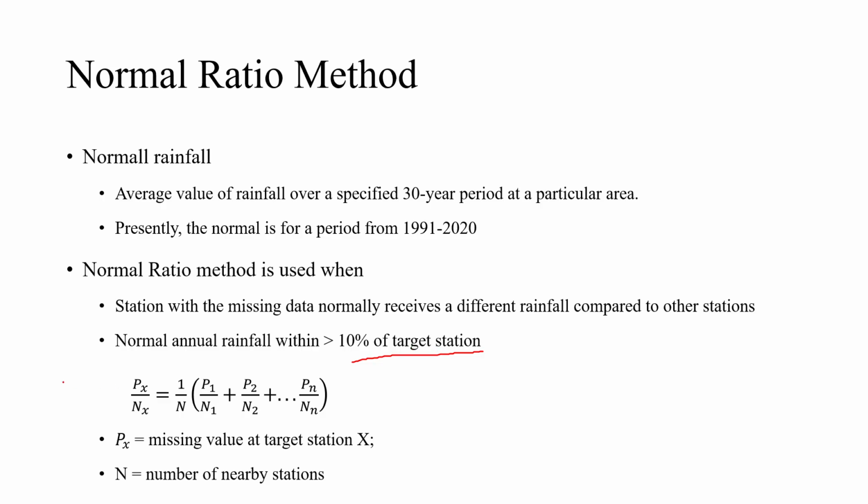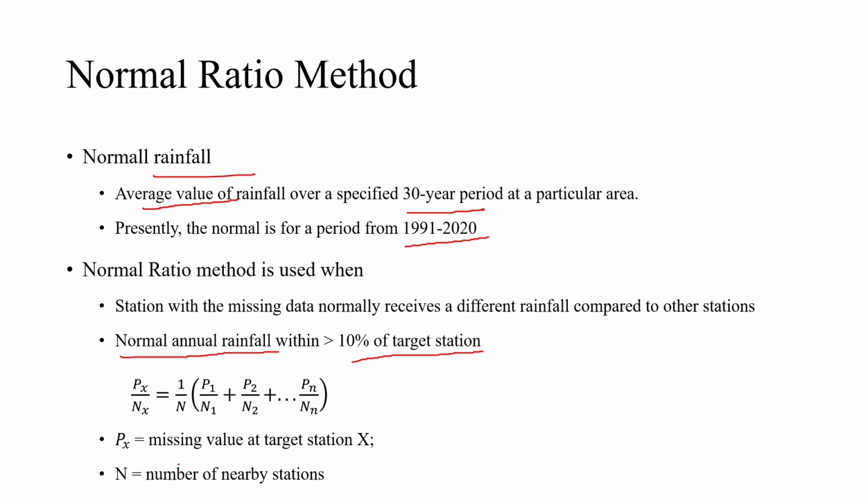So first understand what this normal annual rainfall is. The normal annual rainfall is the long-term average annual rainfall at a station. The data is considered for a period of 30 years. Currently, we are using the data of the period from 1991 to 2020 for normal annual rainfall.